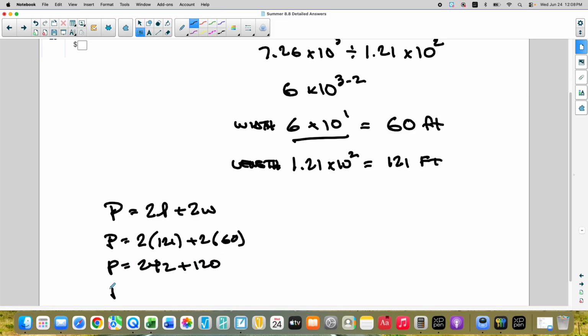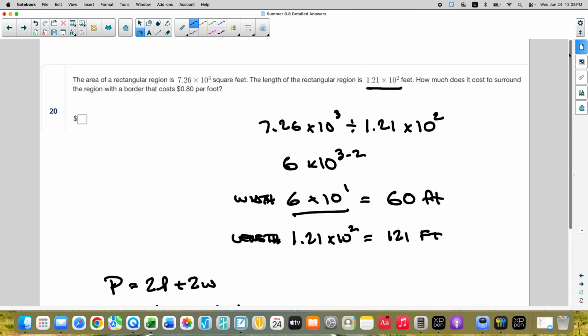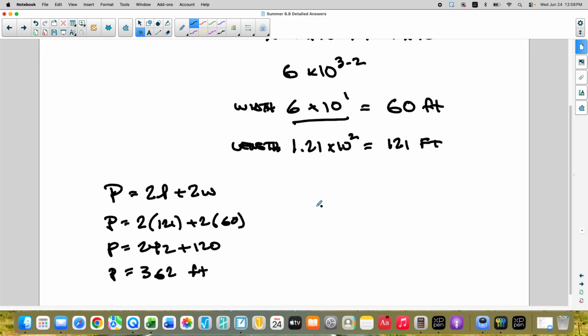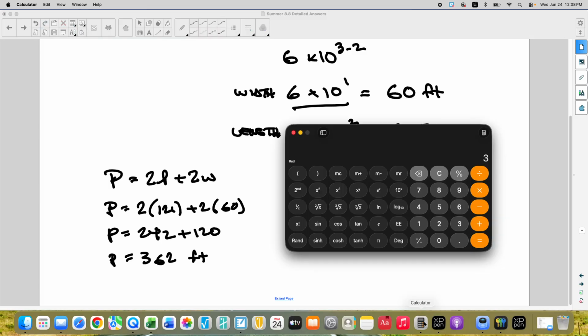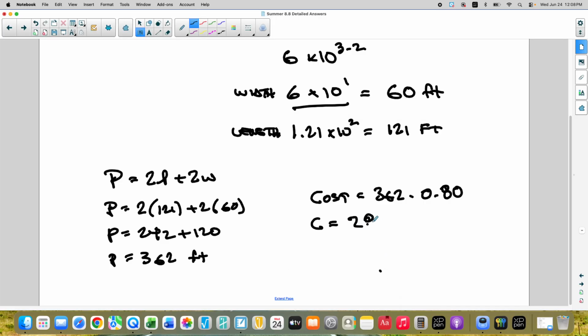So the perimeter is going to equal 362 feet. And now it says that the border costs 80 cents per foot. So we're going to multiply: cost equals 362 times 0.8, and that is going to be my final cost. 362 times 0.8 gives us 289.60, that will be the cost.